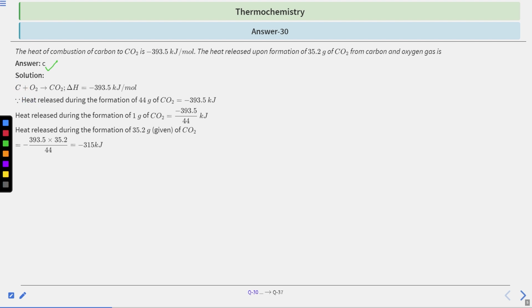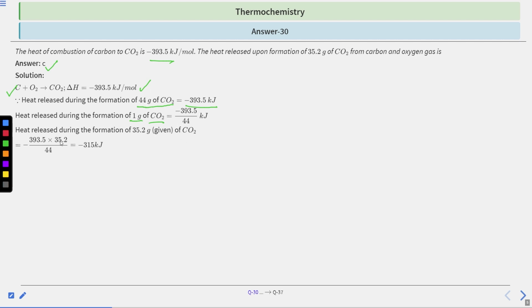So this is the reaction for the combustion of carbon to CO2, and the enthalpy for this reaction is minus 393.5 kilojoule per mole. The heat released during the formation of 44 gram of CO2 is this given heat, and 44 gram is the mass of one mole of CO2. So the heat released during the formation of 1 gram of CO2 will be this given heat divided by 44 gram.